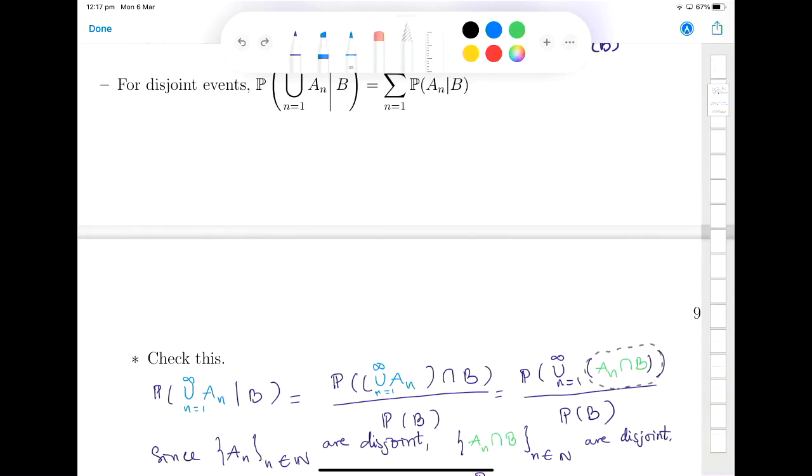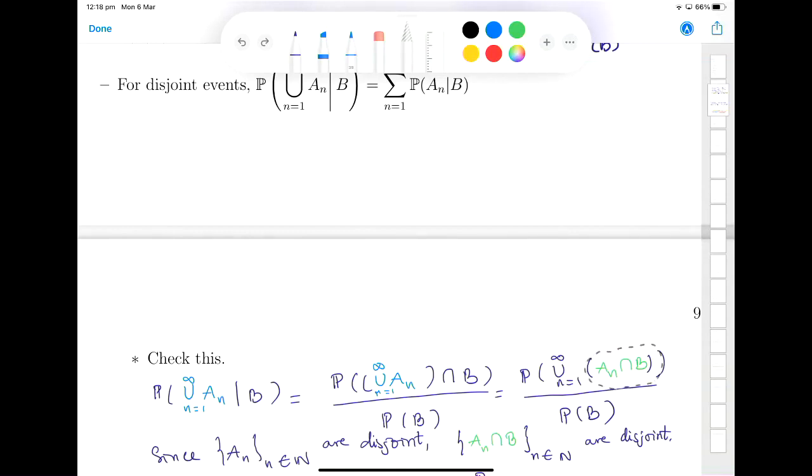So this is disjoint, right? Now if we have a sequence of sets A_i disjoint, can we deduce that the intersections of A_i and B for any i are also disjoint? Can we prove it? It's quite easy to see, right?